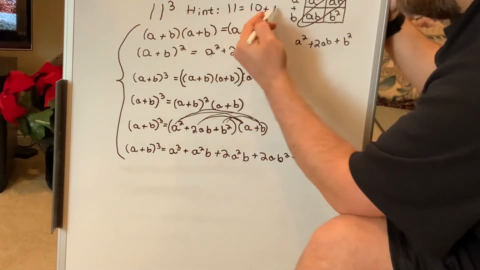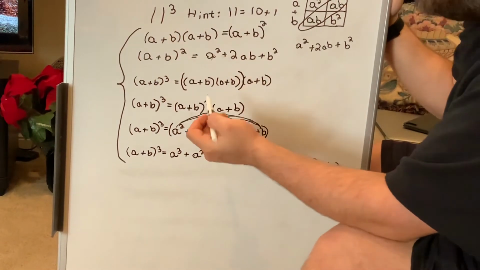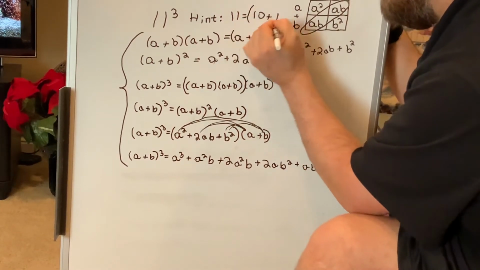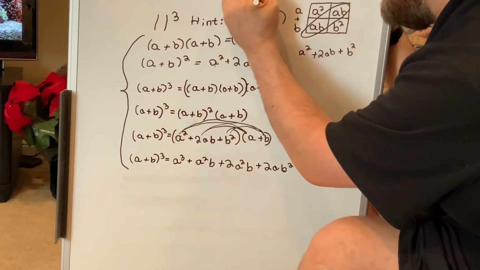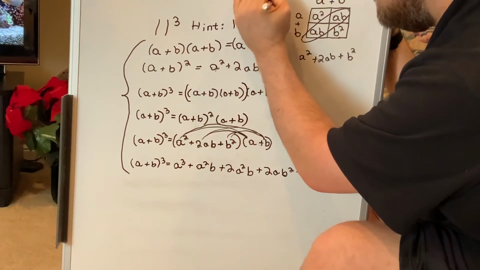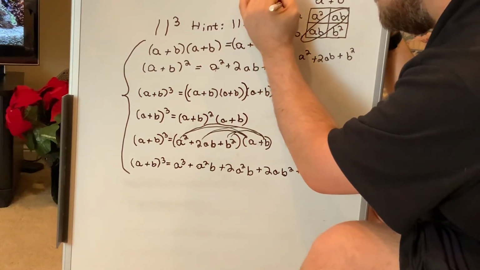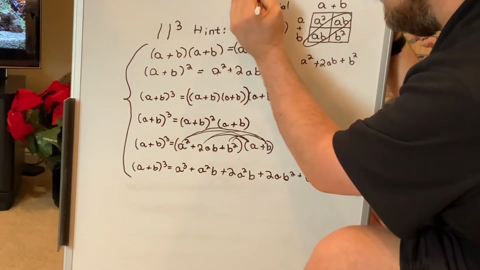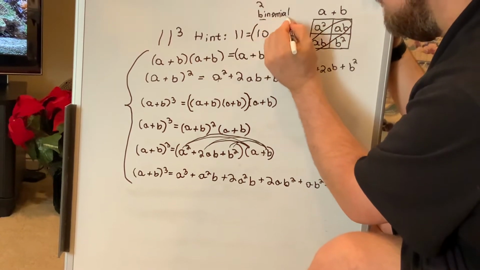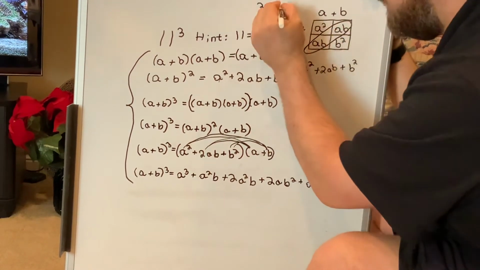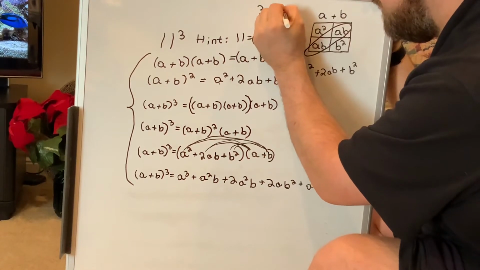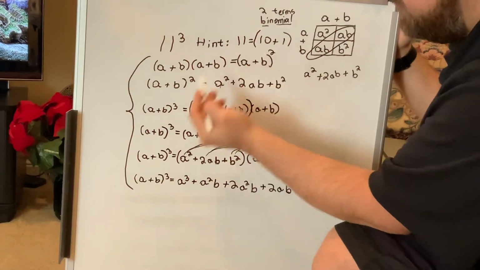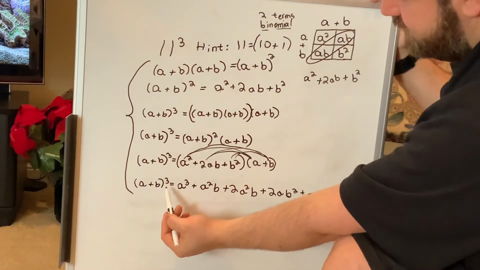What we've learned how to do is take two terms. This is considered a binomial, because bi means two, and nomial we'll think of as terms. So we're working with binomials here, and we've now learned how to cube a binomial.